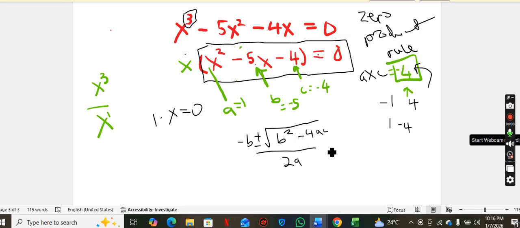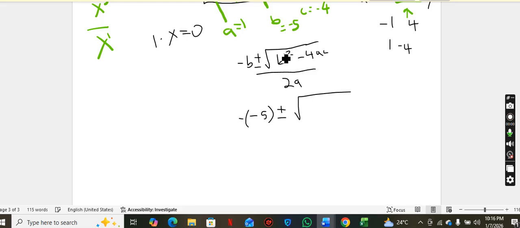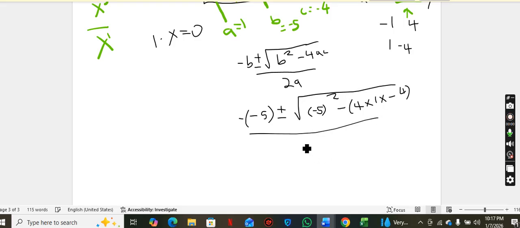So you say -b, b is -5 already, so you say -(-5) here, plus or minus the square root of b squared, -5 squared, minus 4 times a, which is 1, times c, which is -4, over 2a.